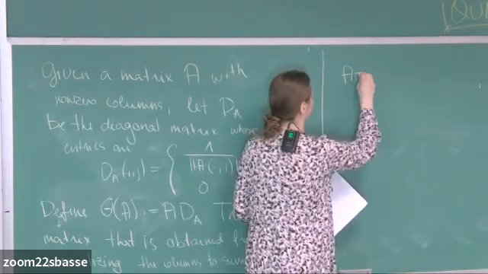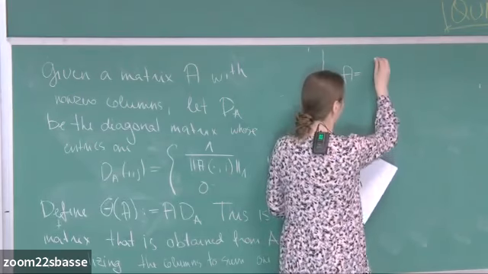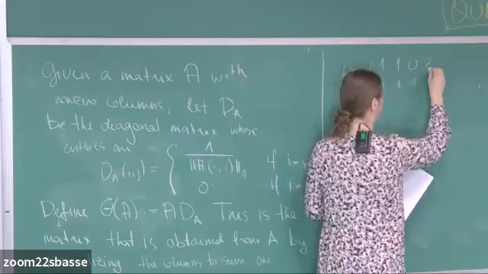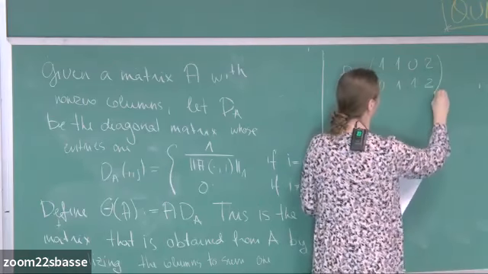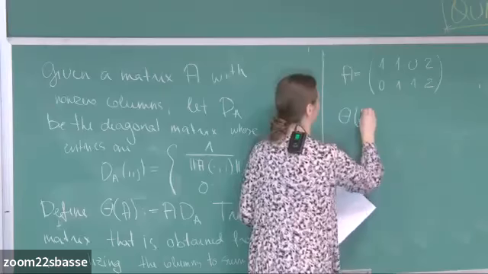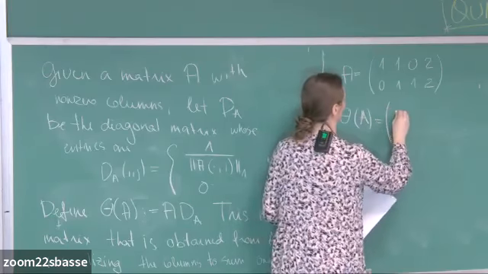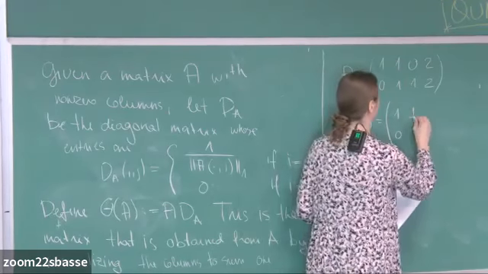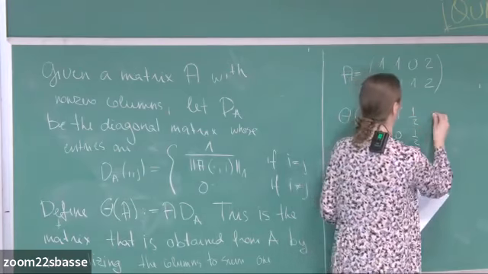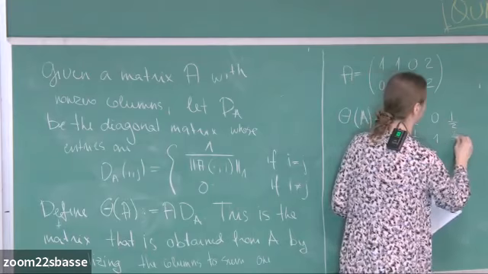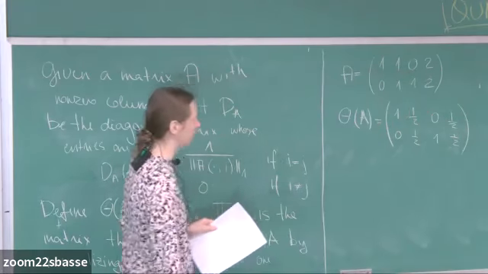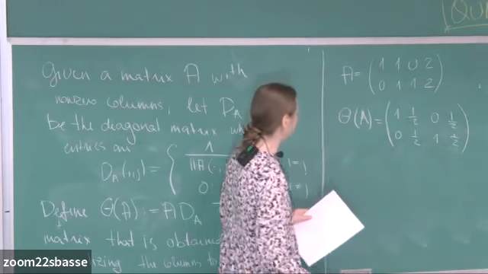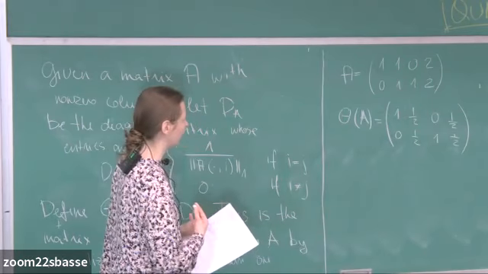So if you consider the same matrix as before, then theta A will be the matrix. So we check if the columns sum to 1, and if they don't, we scale. And an intuition for what we are doing.